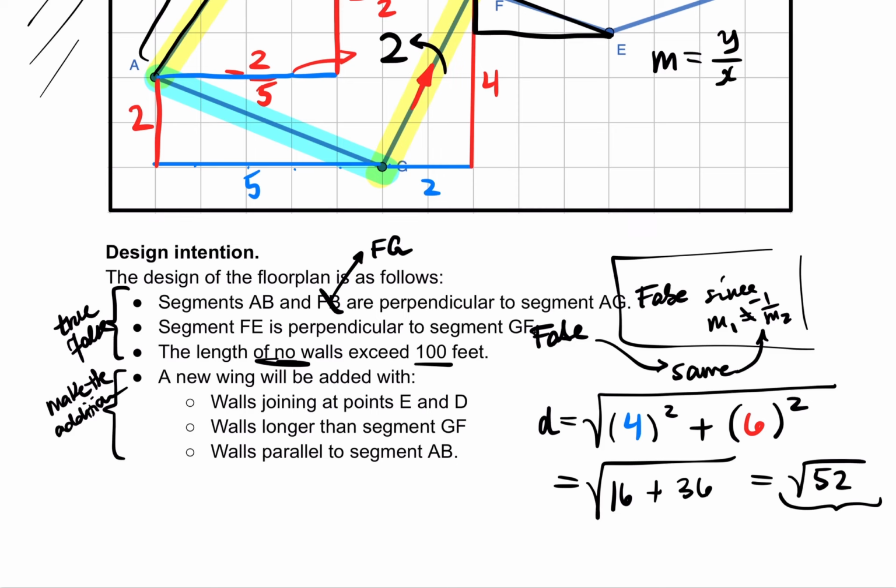We have 52, and I'm just going to take the square root of that number, and it comes out to about 7.21.